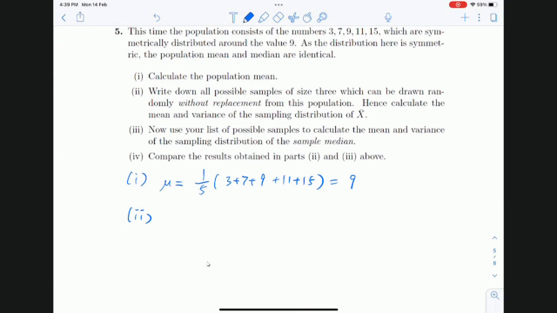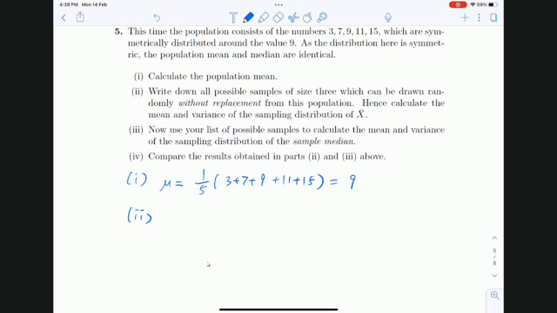So, for example, if you have drawn the 3 included in your sample, then you won't have another 3 because there's no other 3. You cannot have a double 3 in your sample. That's the meaning of drawing without replacement. You draw the 3, and then you don't put it back when you draw the next one. So the next one will be drawn from 7, 9, 11, and 15.